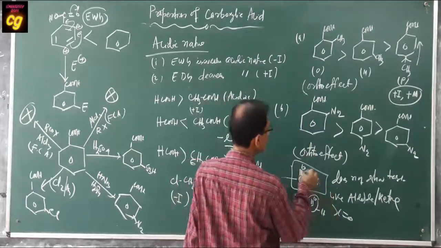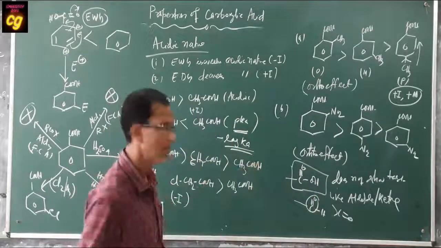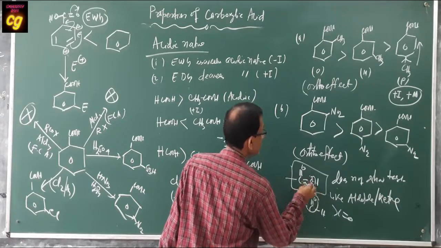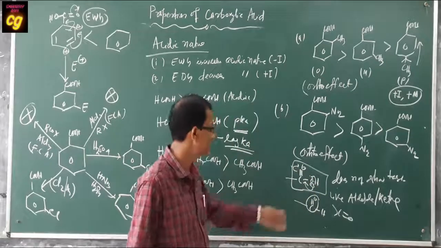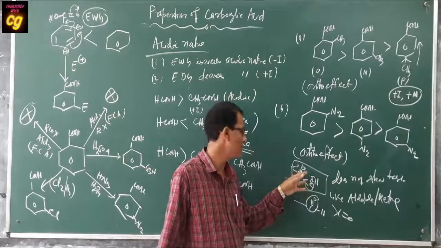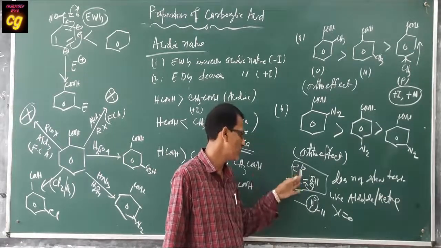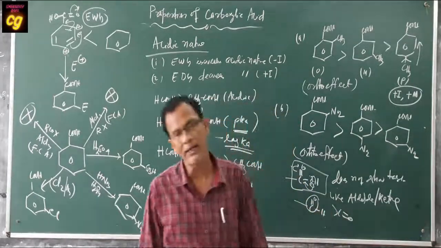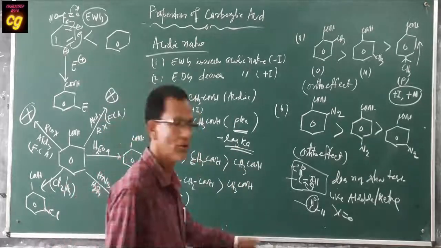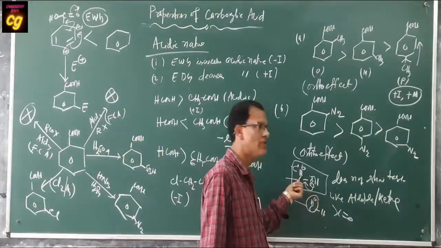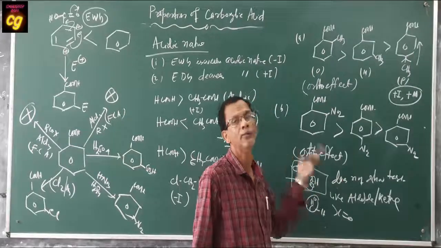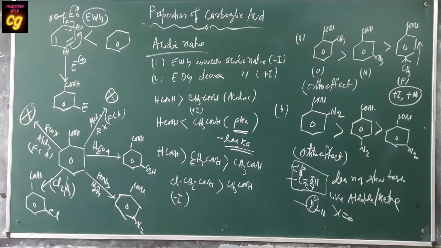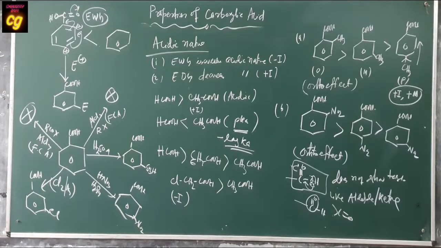But this reaction is not shown by acetic acid because of resonance, as I have already told you. Due to resonance, the double bond character breaks. That's why it does not show nucleophilic addition reactions unlike aldehyde and ketone. Aldehydes and ketones show nucleophilic addition reactions, but acid does not, because the double bond breaks due to resonance. So this is about some important comparison of carboxylic acids and their characteristics.